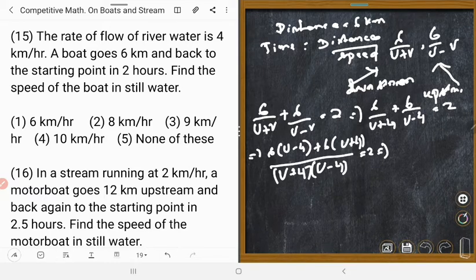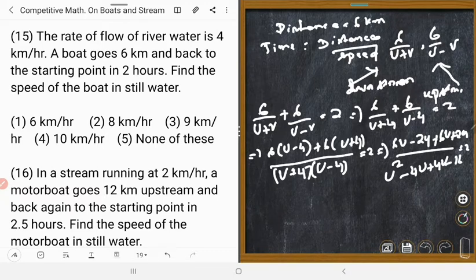Implies that 6u minus 24 plus 6u plus 24 upon u square minus 4u plus 4u minus 16 is equal to 2. So minus 24 plus 24 cancelled. Could you understand? Minus 4u plus 4u cancelled.